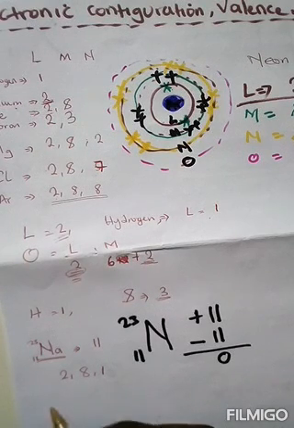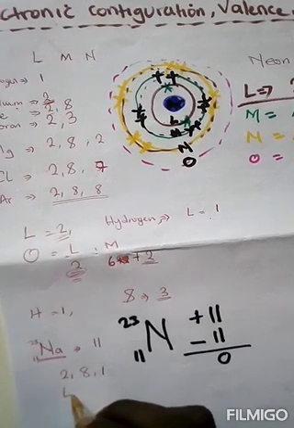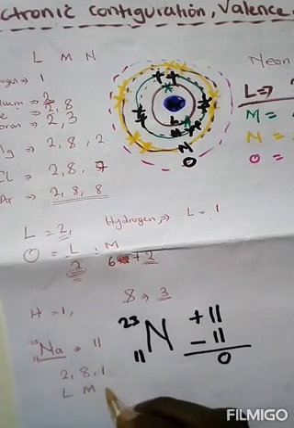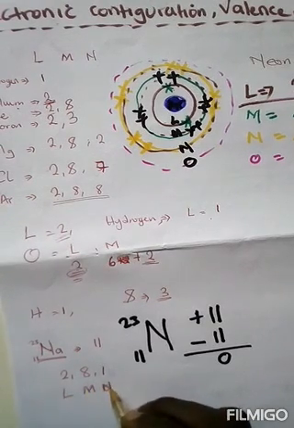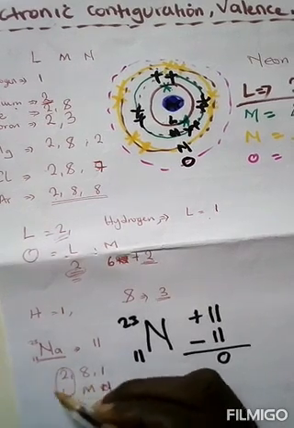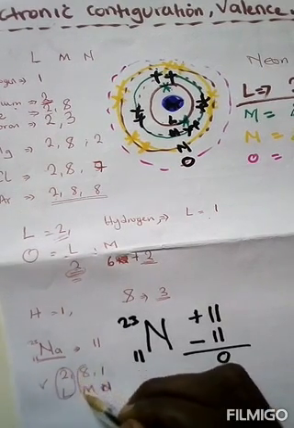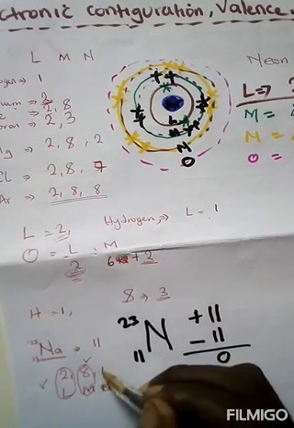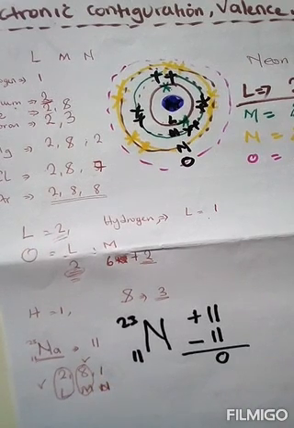If you put the shells there, this is shell M and this is shell N. Shell L is fully filled, and shell M is fully filled. But is shell N fully filled? No, it's lacking 7 electrons. Can you easily gain all 7 electrons?